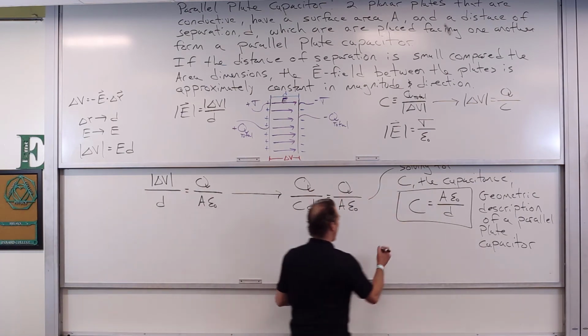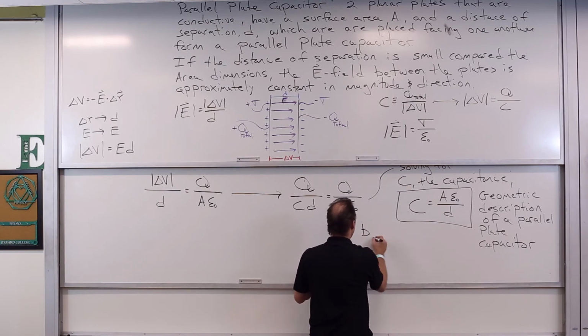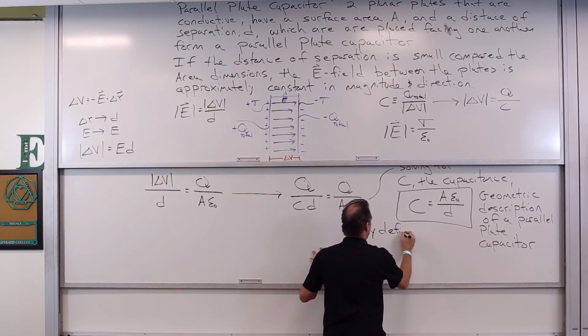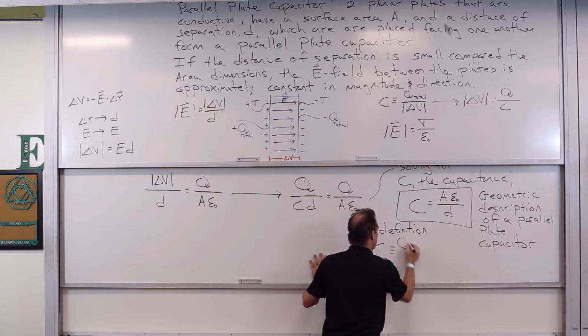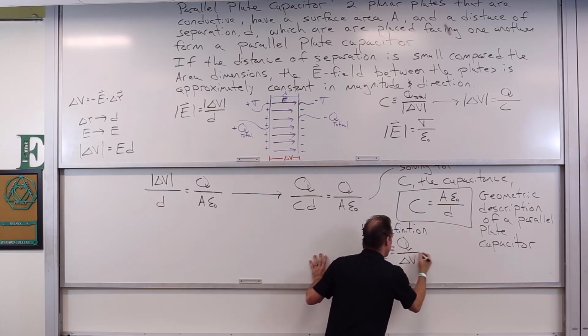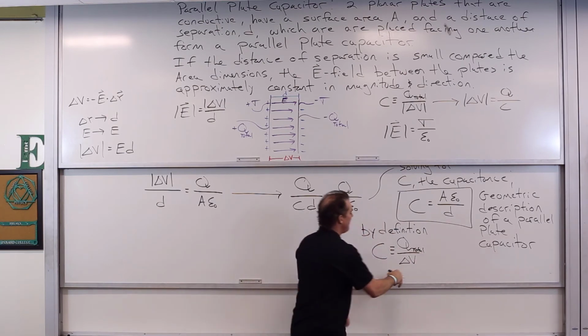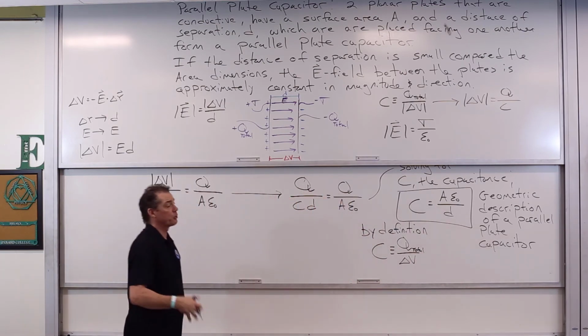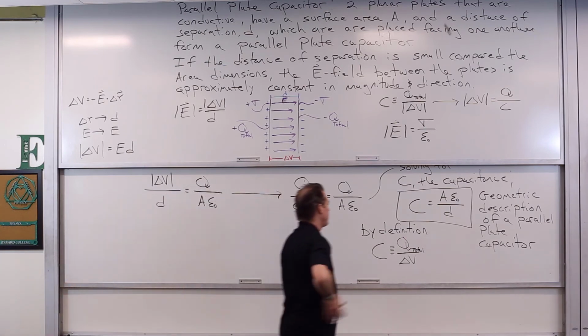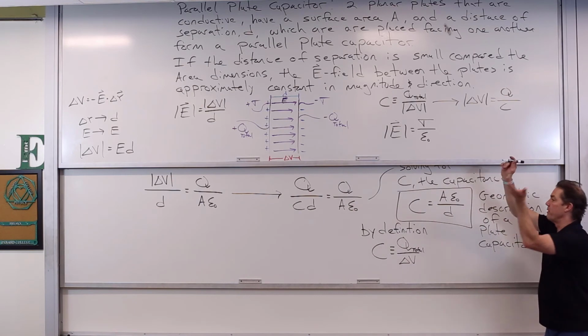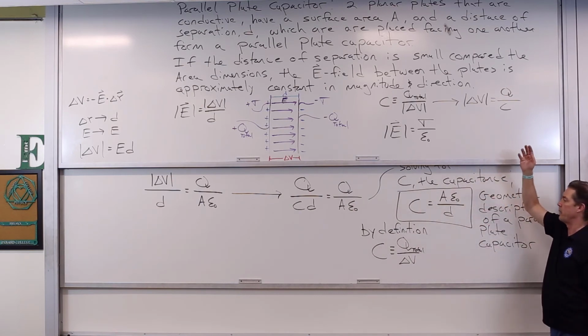We've also got, by definition, C is Q divided by delta V. That Q is the total charge that's been separated, and that delta V is the absolute value of the potential difference. With these two, you can start working backwards and seeing how everything reconnects.